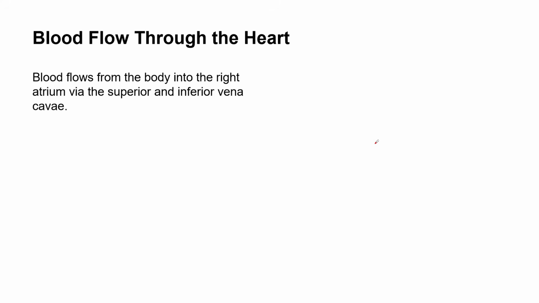So, blood flow through the heart. Blood flows from the body into the right atrium via the superior and inferior vena cava. So don't forget, ladies and gentlemen, I told you that the right atrium is the part of the heart that receives deoxygenated blood.